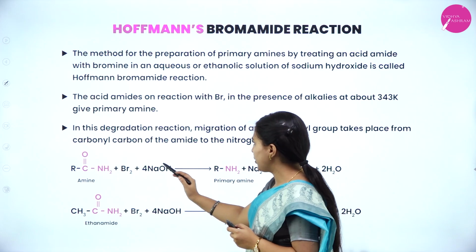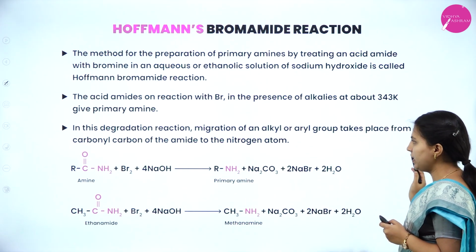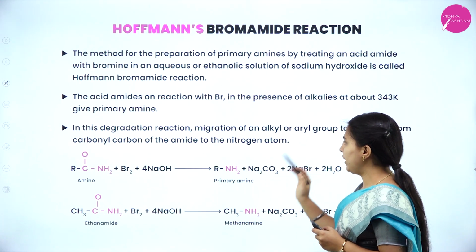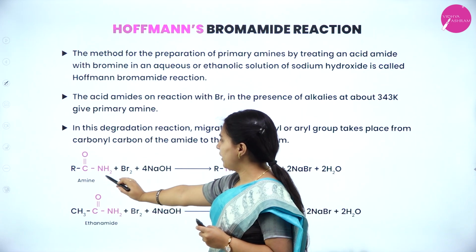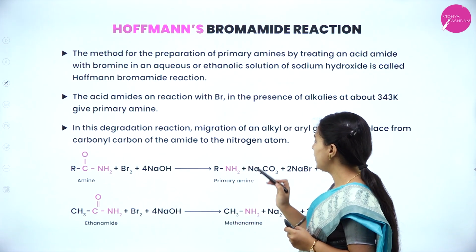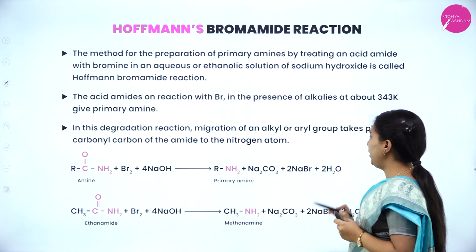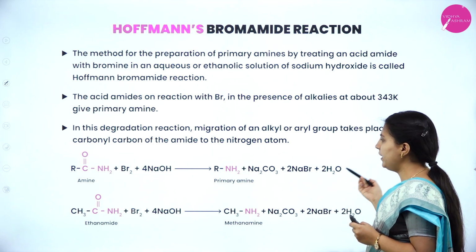In this degradation reaction, migration of an alkyl or aryl group takes place from carbonyl carbon of the amide to the nitrogen atom. Okay. Here, amide treated with bromine and sodium hydroxide solution, primary amine will be formed with the liberation of sodium carbonate, sodium bromide and water.